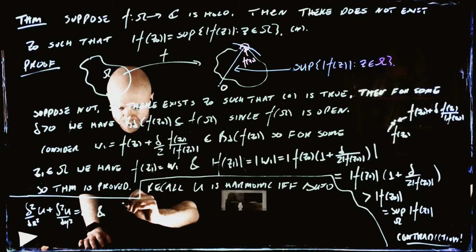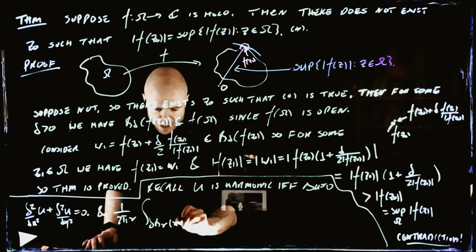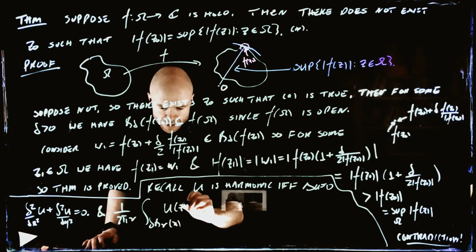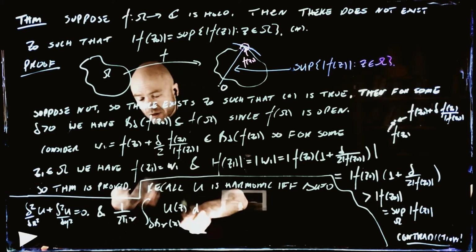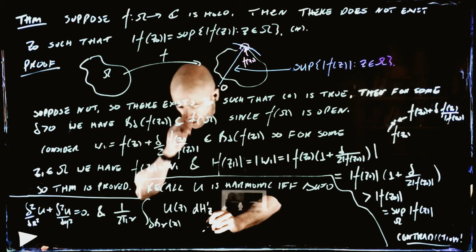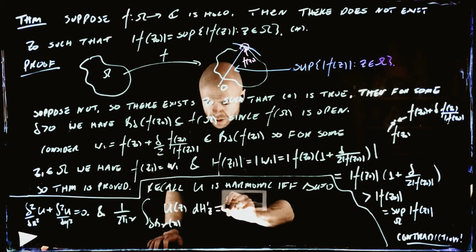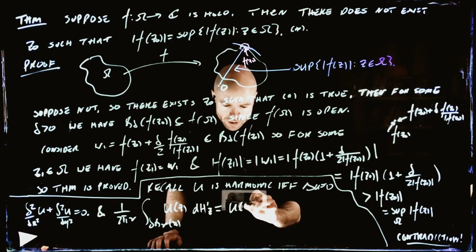And we know that if we take 1 over 2 pi r, and then we integrate around the boundary of the ball of radius r around x of our function, and we do this one-dimensional curve integral, which I'm going to write with respect to Hausdorff measure, because this is the proper way to do this, then this thing is exactly equal to the value in the center, right?